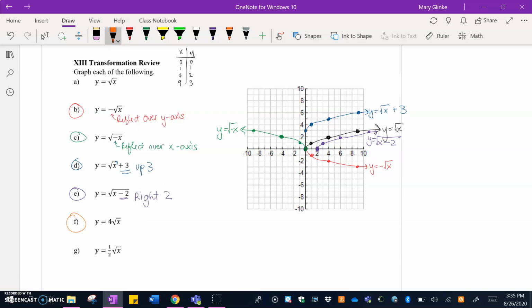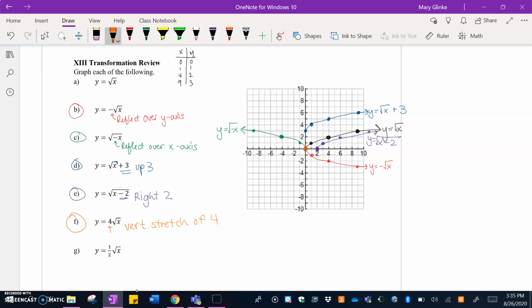So now I'm going to throw a 4 out in front. This is your a value. This is your vertical stretch. So this is going to be a vertical stretch of 4. This is going to affect your y values, not your x values. So basically each point is going to get 4 times as tall, or as far away from the x-axis, as it was.